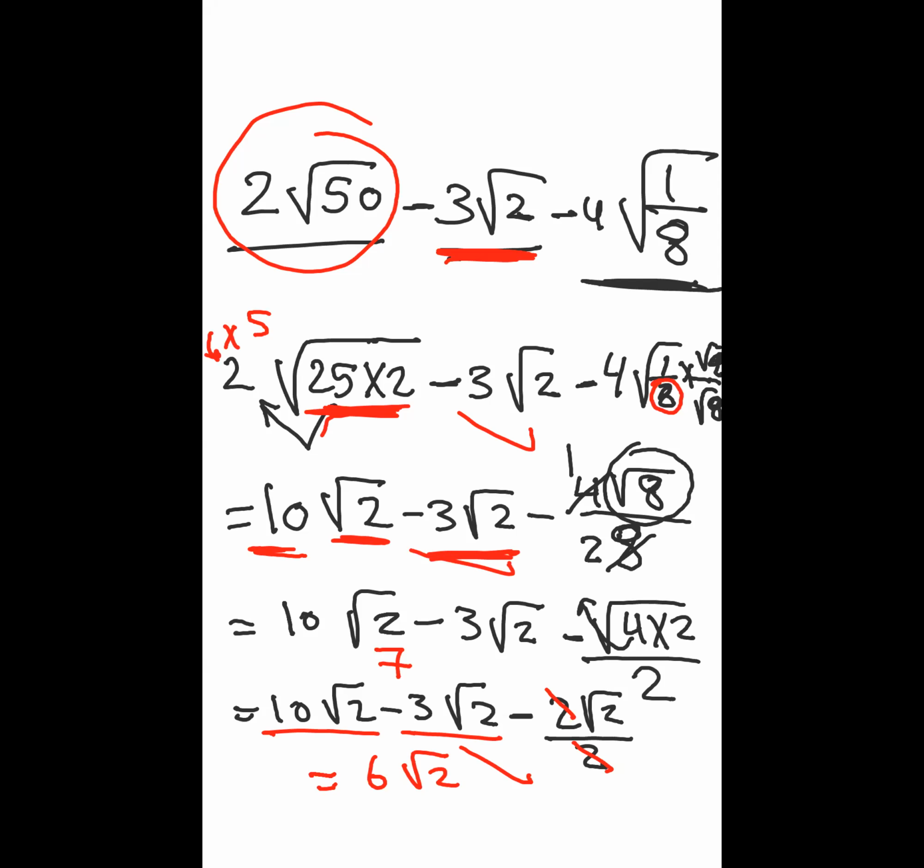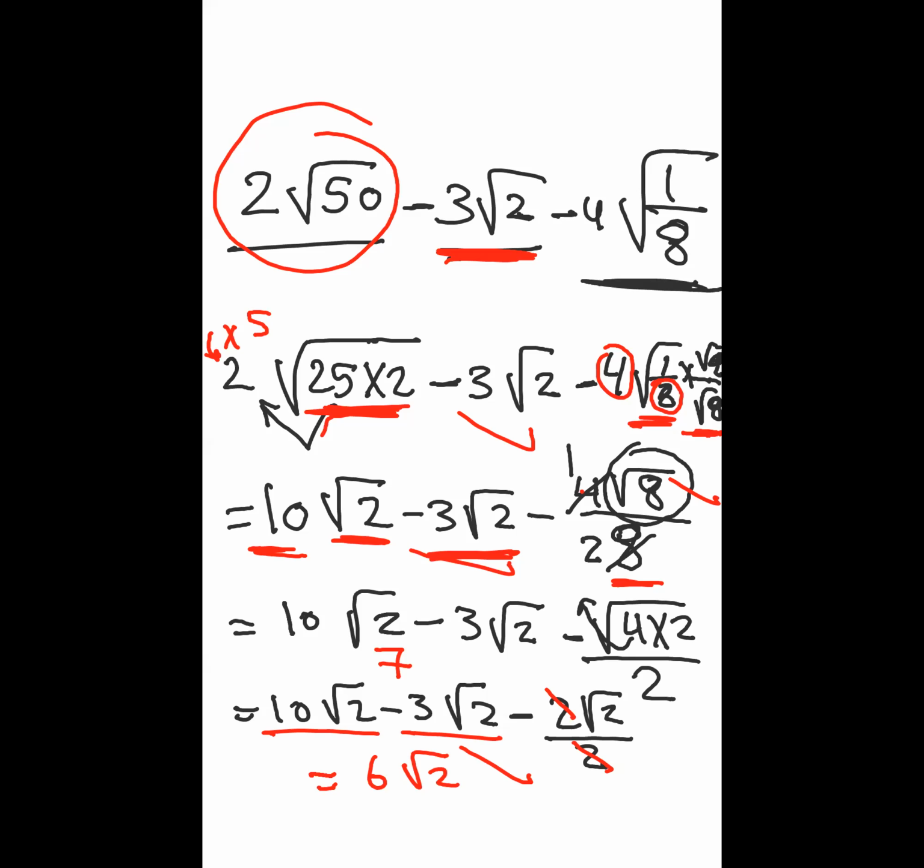Then 4 times the square root of 1 times the square root of 8. So it will equal 4 square root of 8 over square root of 8 times the square root of 8, which means 8. Then I just simplified 4 with 8. I divided by 4, so 1, and this one will equal 2. So square root of 8 over 2.